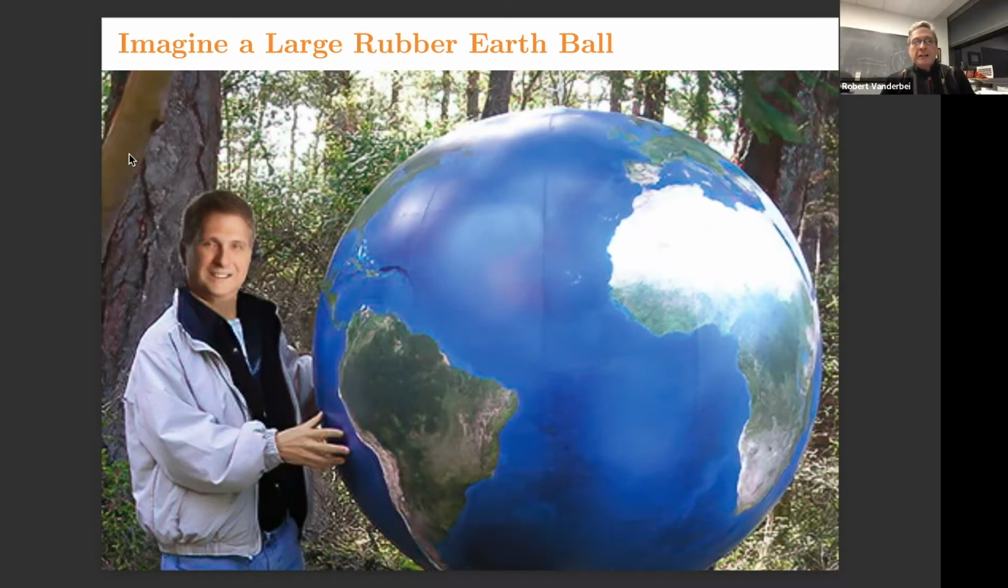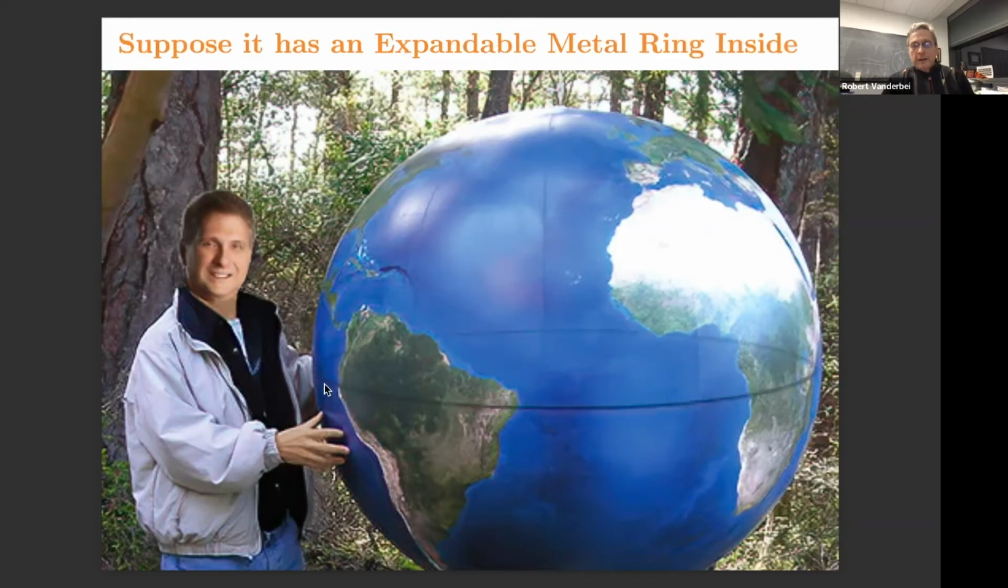And imagine that we could insert inside this ball a metal ring. We could put it anywhere we like, but let's imagine we put it around the equator. I edited this picture a little bit to show it. Okay, so there's the ring going around the equator inside this rubber ball.